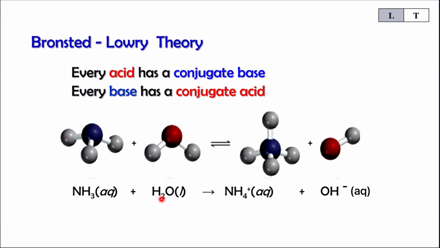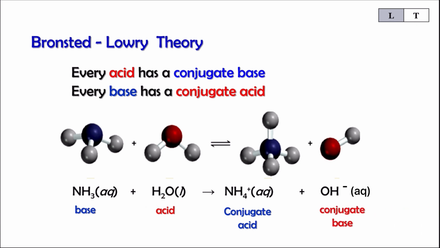Manakala H2O dia lose proton untuk hasilkan OH minus. That is why ammonia adalah base, H2O adalah acid. Seterusnya, kerana ini base, couple untuk base adalah conjugate acid. So NH4 plus adalah conjugate acid. And then, kerana H2O adalah acid, couple dia adalah conjugate base.